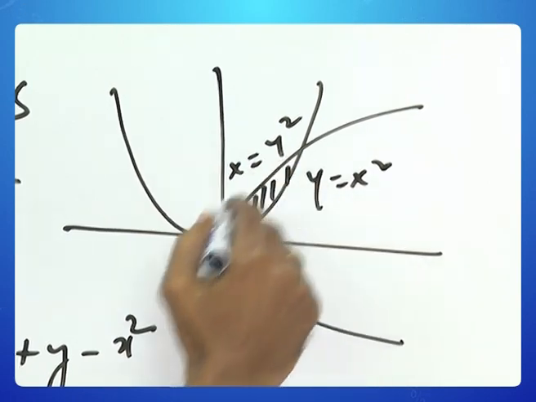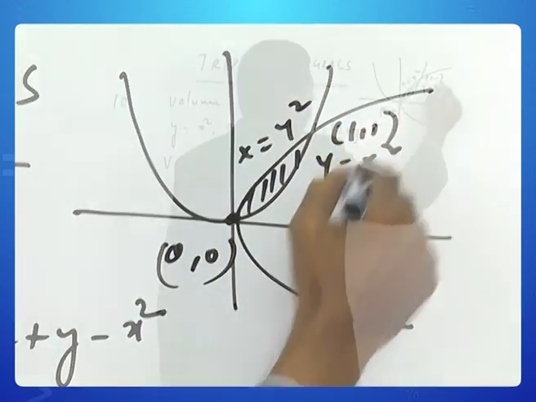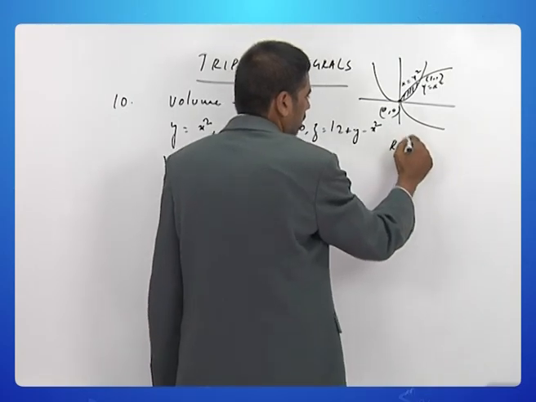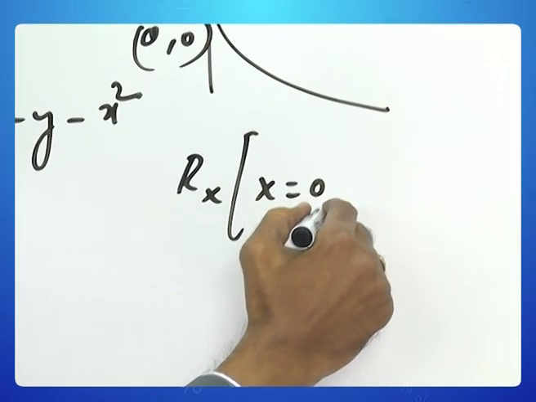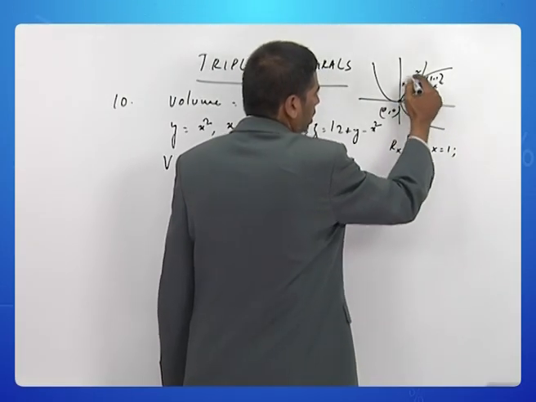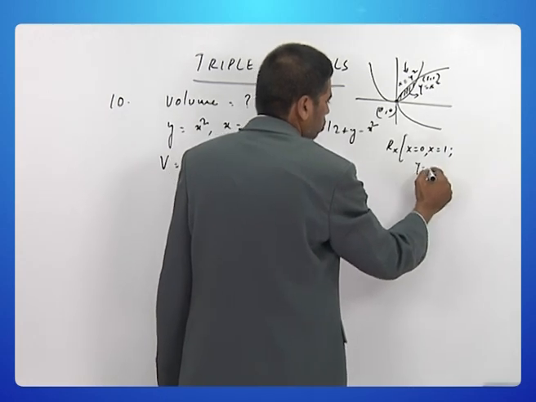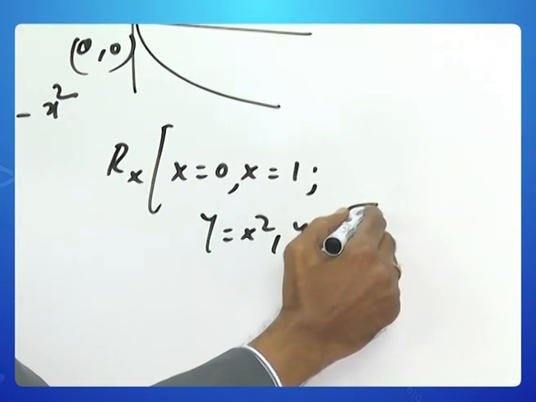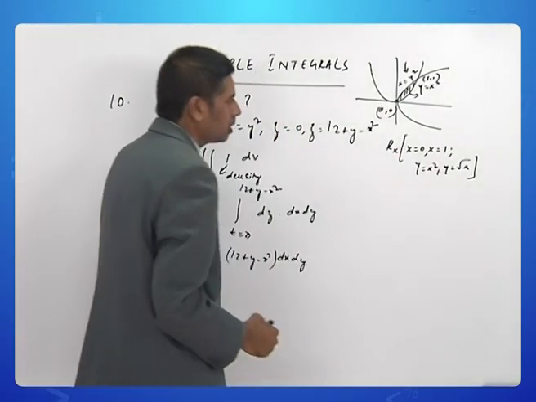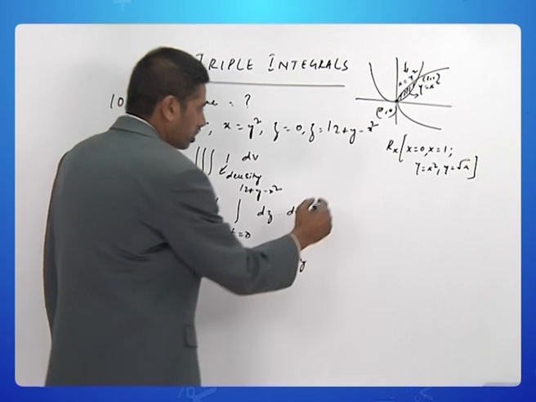So this is the region of integration with intersection points 0, 0 and 1, 1. We will call the region Rx. X varies from 0 to 1. This is the lower limit of y. This is the upper limit of y. Y is equal to x squared to y is equal to square root of x. So we have to integrate this double integral with these limits.